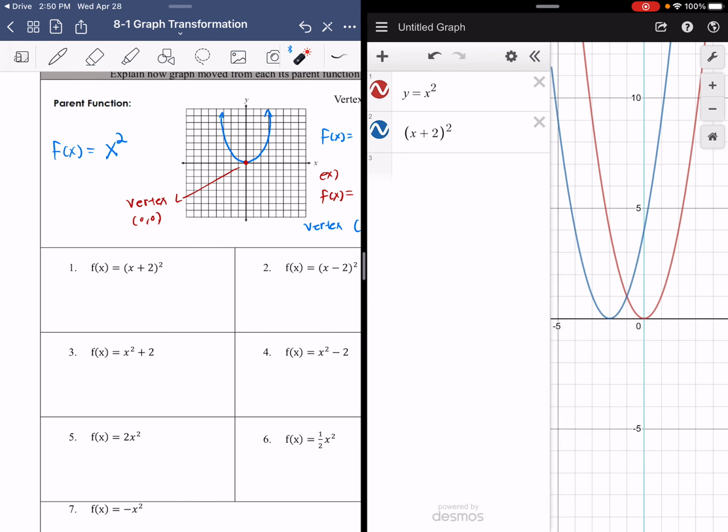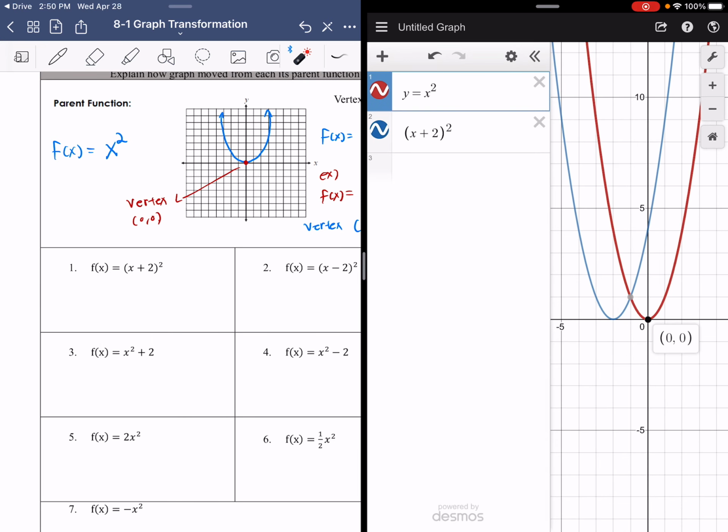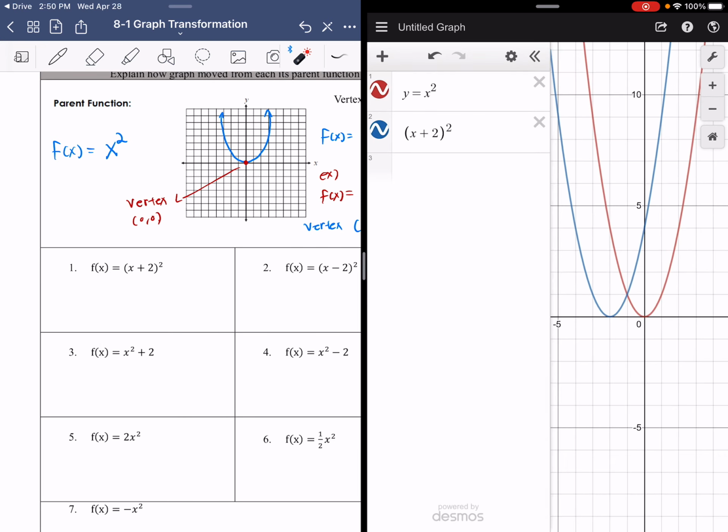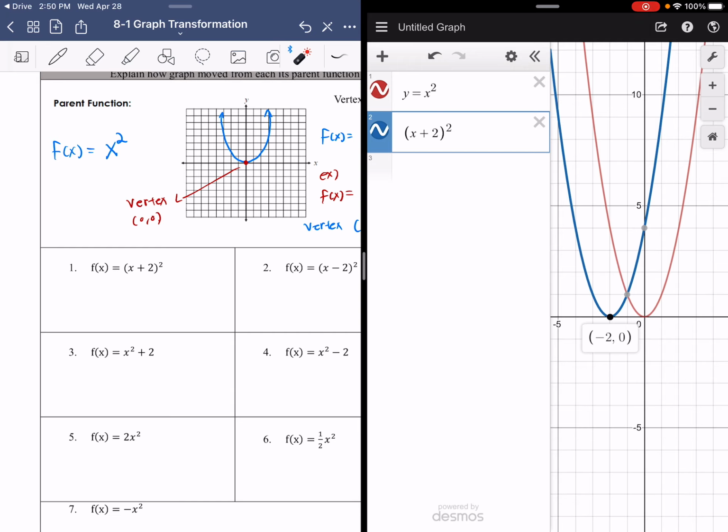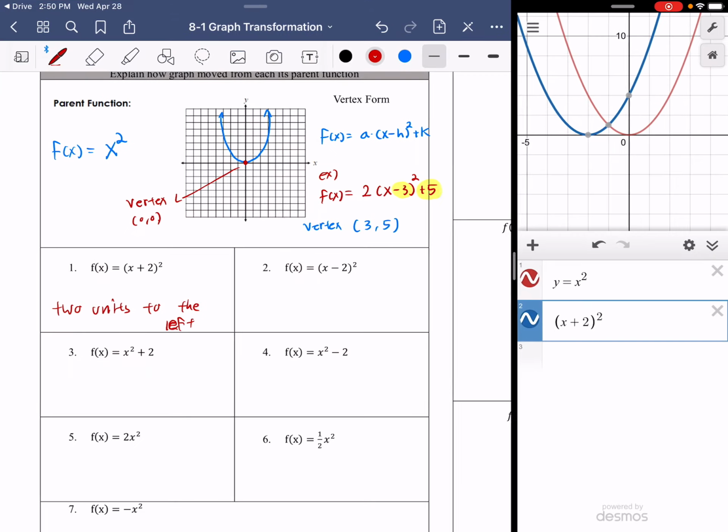Check it out from the red and blue. How many units did it move? We can tell from the red it moved to the left by 2 units. So 2 units to the left. That's how it moved.